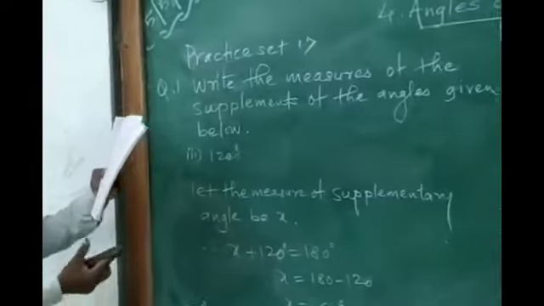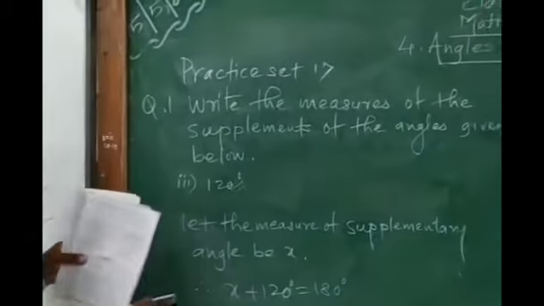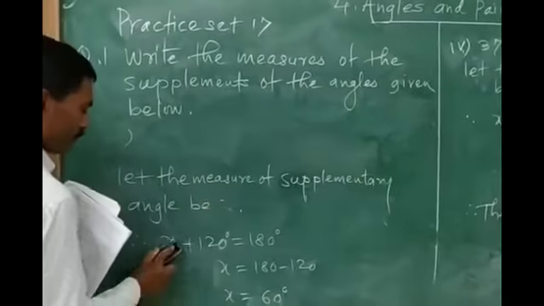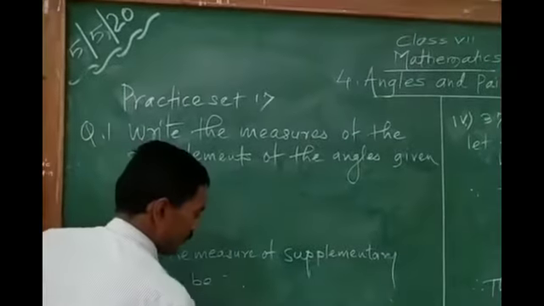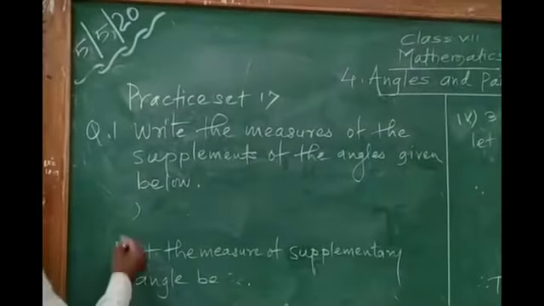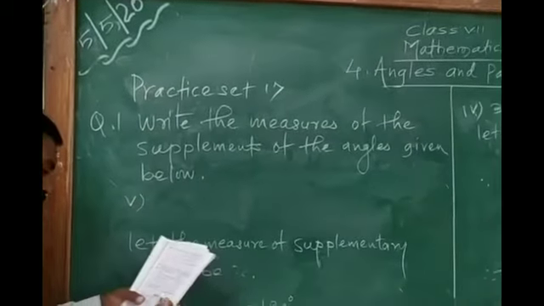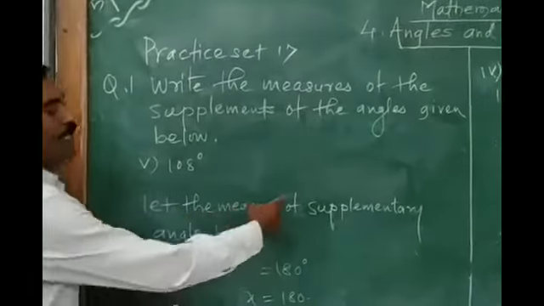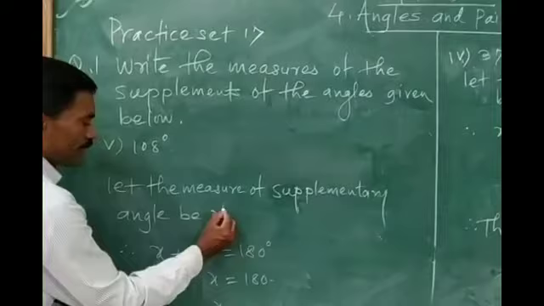And fifth is 108 degrees. Let the measure of the supplementary angle be x degrees.